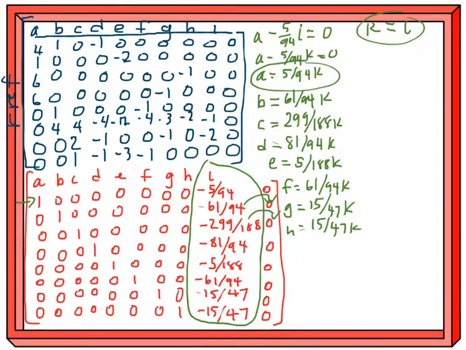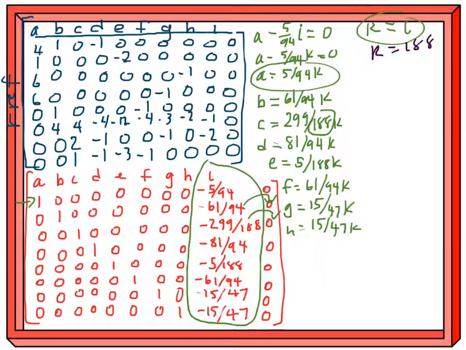So the easiest way to do this is, of course, to get the least common denominator. The least common denominator of all of the fractions is, in this case, 188. So we're going to let k equal 188, and then we're going to get the values for each of the other variables when we substitute 188 in.